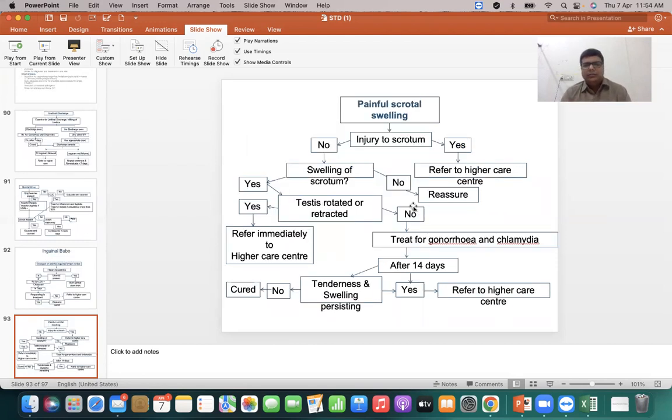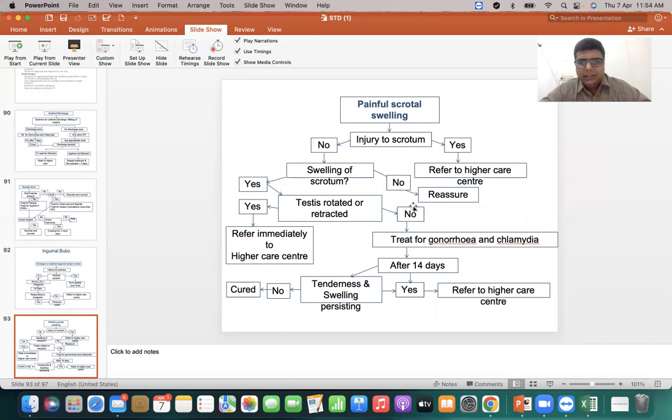Painful scrotum: ask if there is injury to the scrotum or not. If there is no injury and swelling of the scrotum is present, and if the testes are rotated or retracted, refer to a higher center immediately. If scrotal swelling is not present, reassure the patient. If rotation is not seen, treat for gonorrhea and chlamydia.